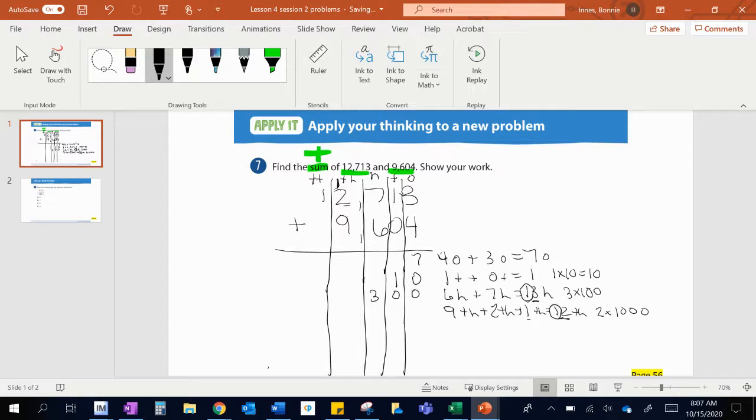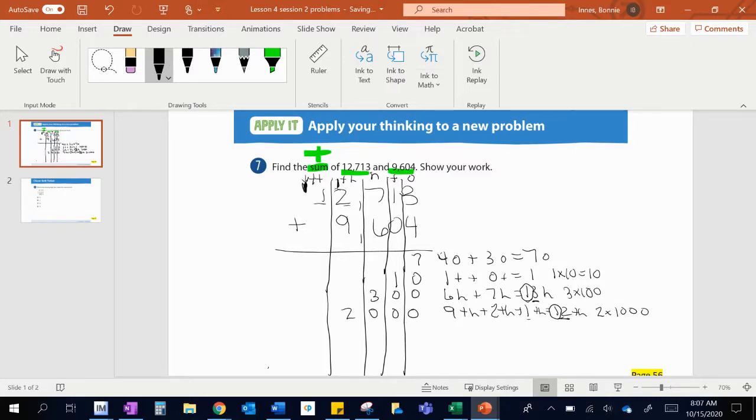This is going to become another group of thousands, which is going to become a 10,000 because there's 10 thousands. So that comes above the 10,000s to become 1 more 10,000. All right, so 2 times 1,000, that's 2,000. Now I'm ready for my 10,000 spot.